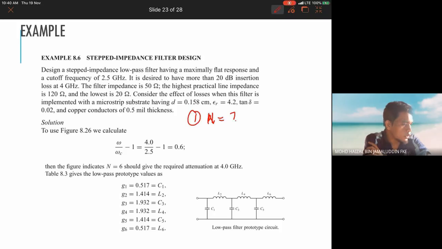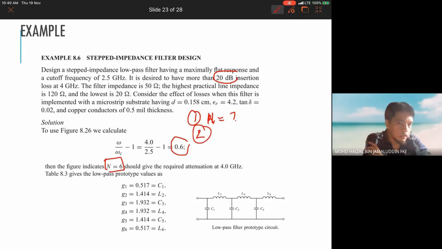If we use the graph, for example, we calculate ω/ωc minus 1, and we got 0.6. From the table, at attenuation of 20 dB, we get n equivalent to 5 point something, and the best we can choose is n equivalent to 6.